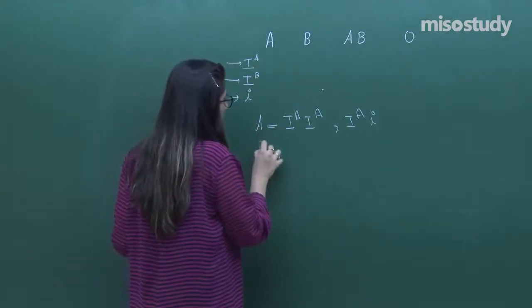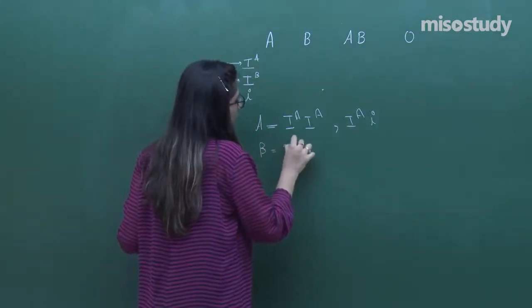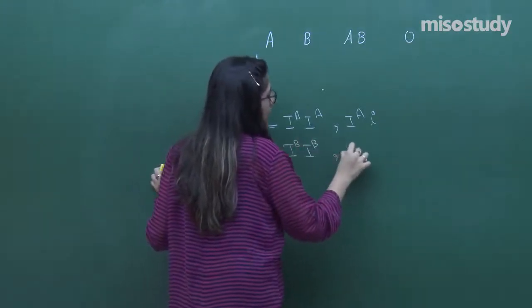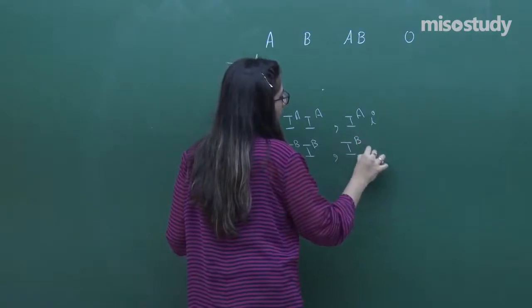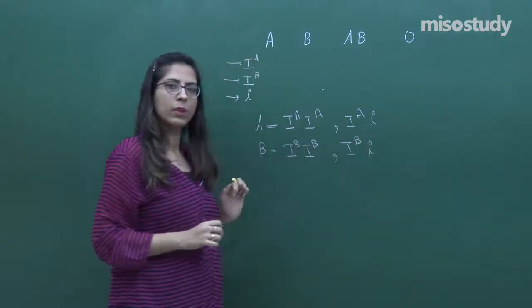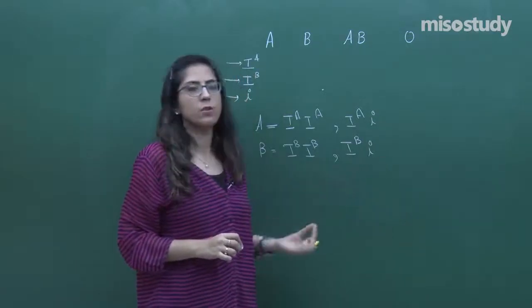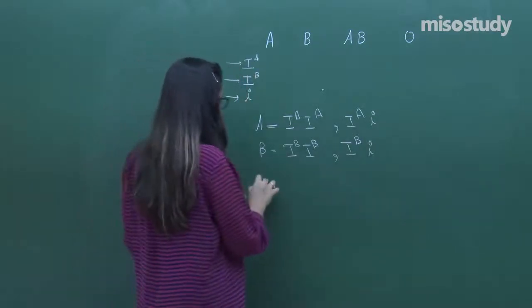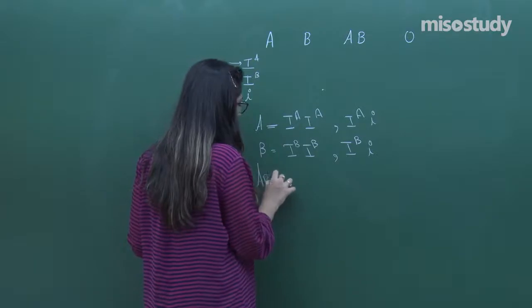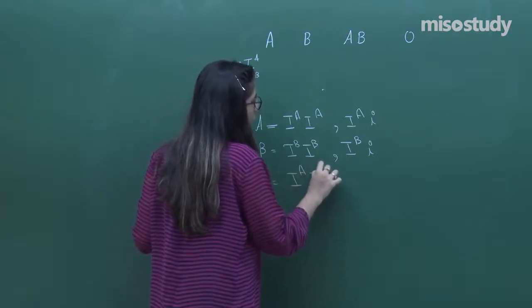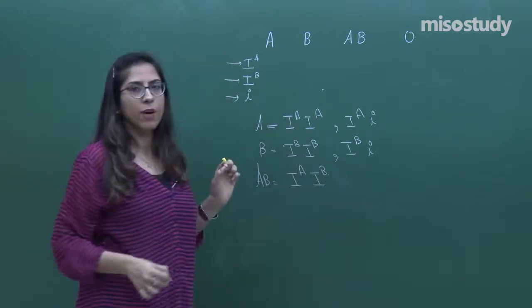To talk about the B blood group, the genotype can be IB IB or IB i, right? They will give rise to a B blood group. To talk about the next blood group, the AB blood group: in AB blood group, the genotype can only be one IA, one IB.